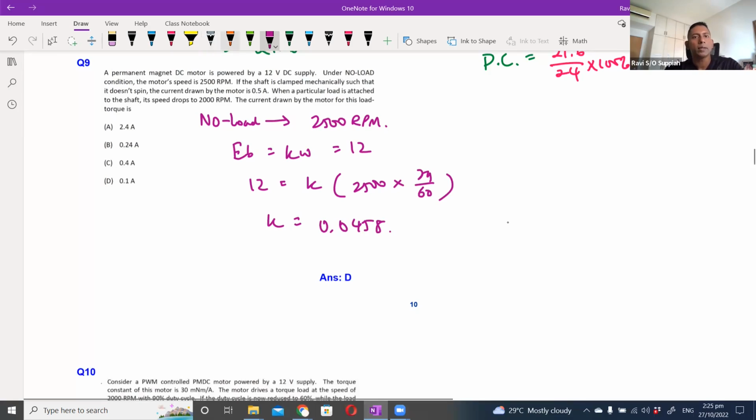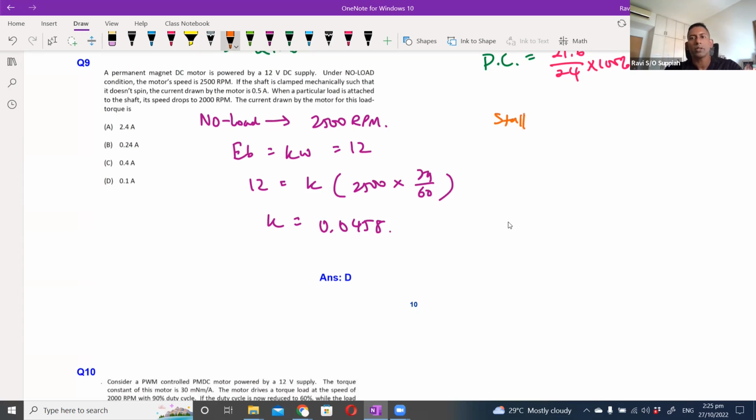Now the next thing you are told is the shaft is clamped mechanically such that it doesn't spin, and the current drawn by the motor is 0.5 ampere. So now the scenario is a bit different. We say it's a stall condition.